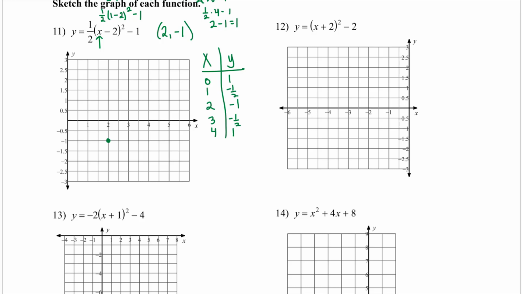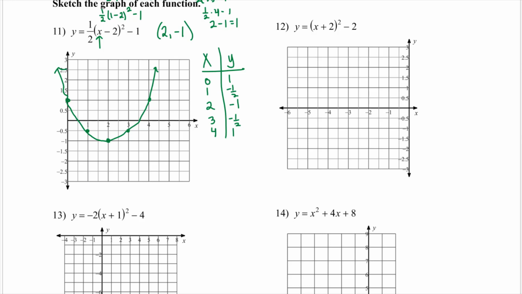And so I can graph these points that I've got and make my parabola. That's if I want to use a table of values, and that's kind of your backup surefire way to do it, assuming that you can actually plug numbers in and figure out what they are. The other way to do it is to use transformations.